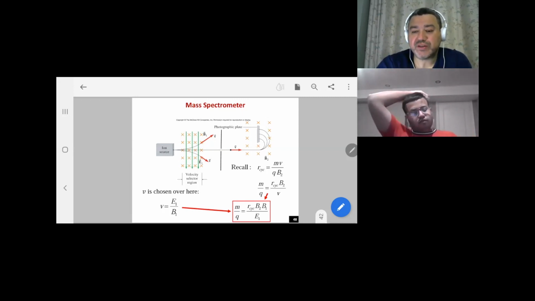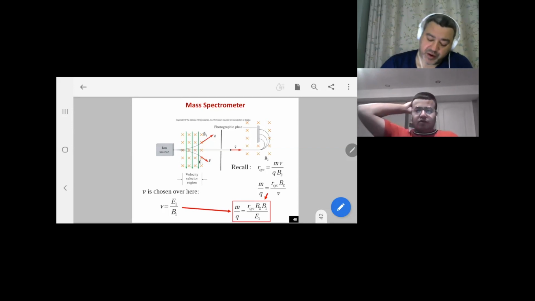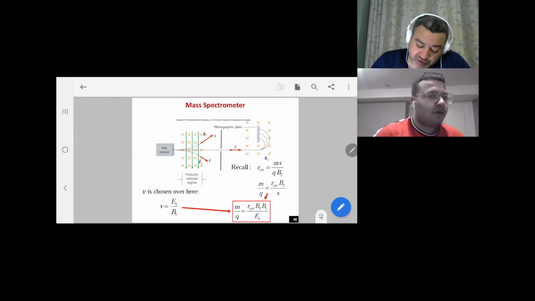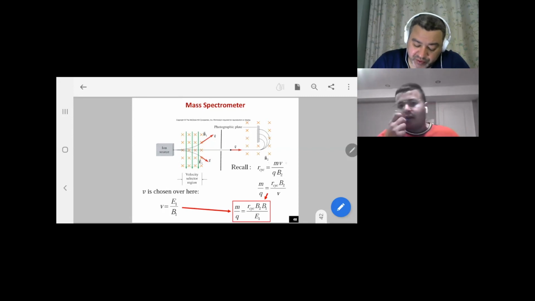So now, once it enters the second part of the mass spectrometer, the charges will see the cyclotron motion. This cyclotron motion is calculated from the equation that we have talked about before, r = mv over qB2.